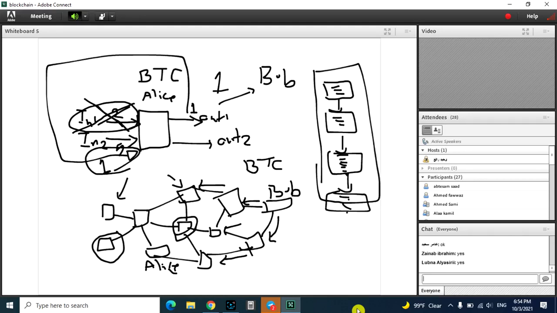A secure chain of the transaction is provided by the network. How does the network verify the transactions, verify the sender, and verify that the sender has enough money?